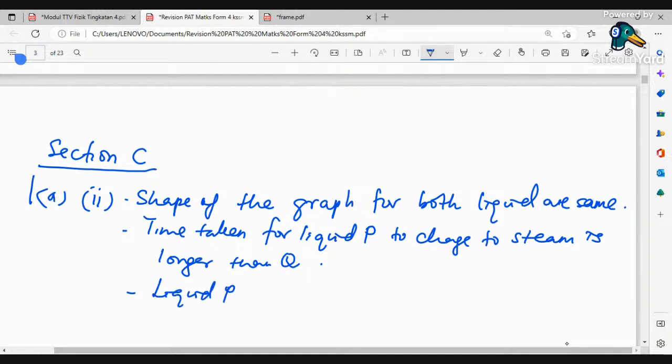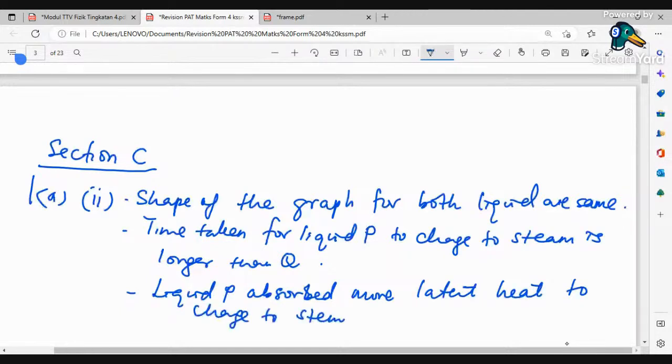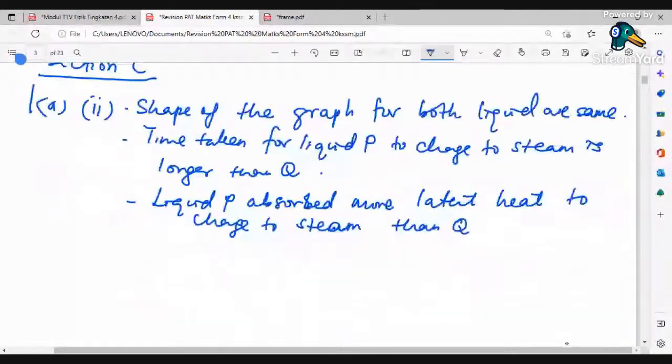Okay, third point. P absorb latent heat to change to steam longer than Q. Okay, next.